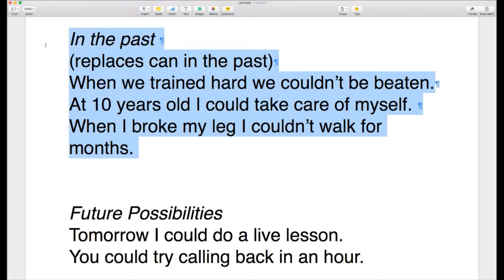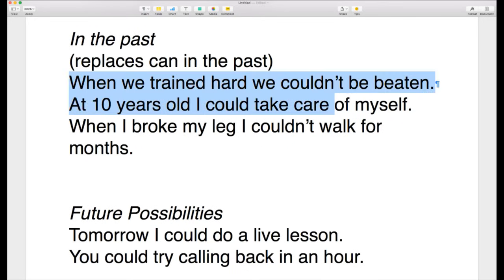If we're talking in the past, I could use a sentence like, when we trained, we couldn't be beaten.